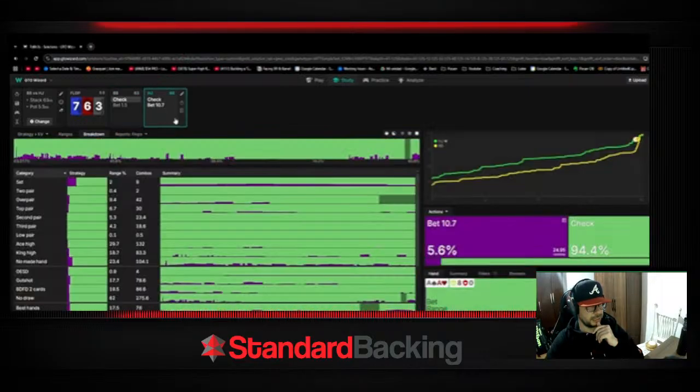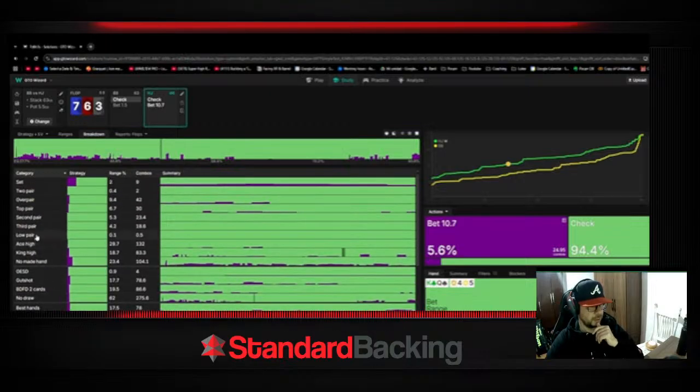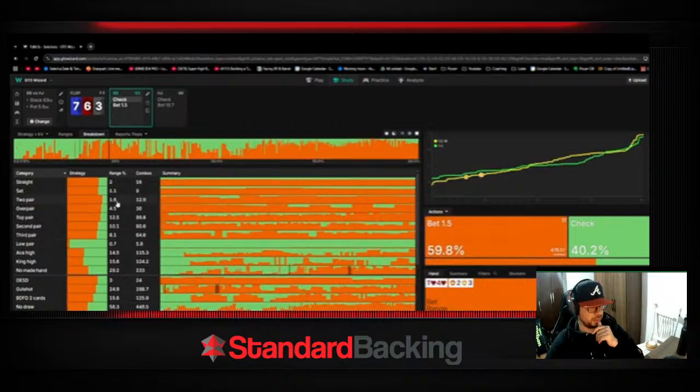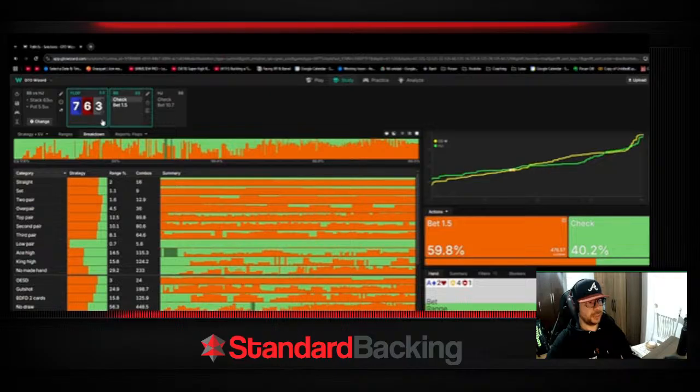The hijack doesn't have a straight. Here again, two pairs, 12 combos, versus two pairs, 2 combos. So that's why now the big blind is betting a lot here.